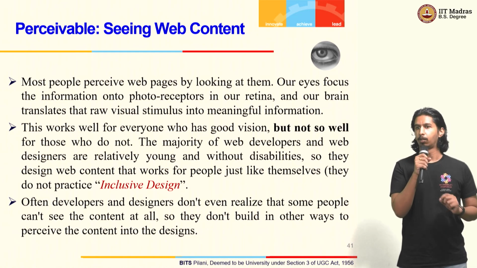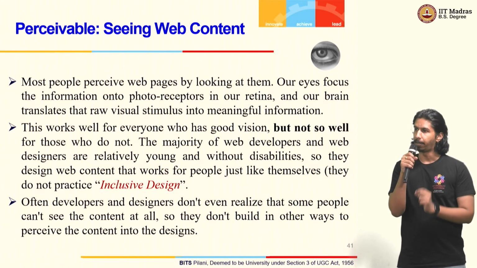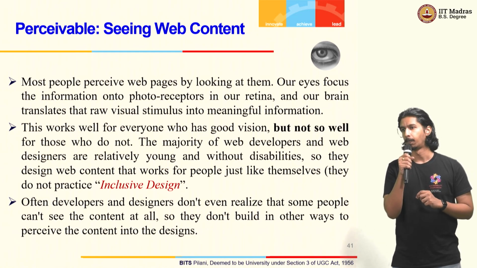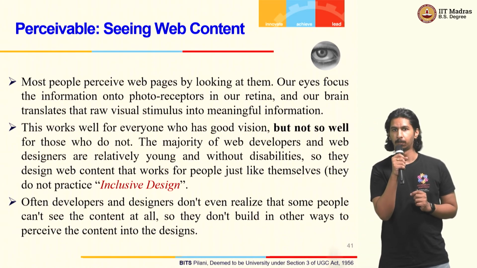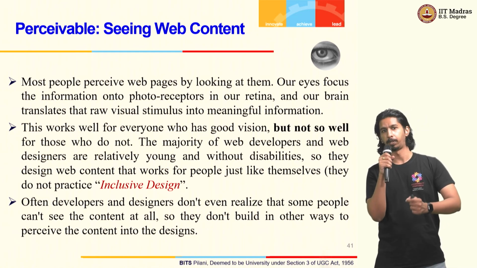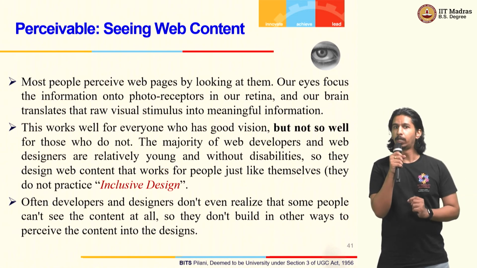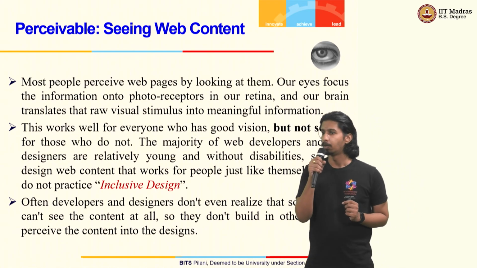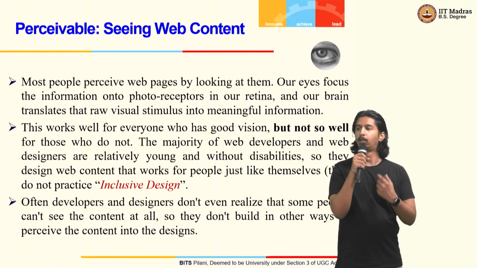In general, why this is happening is a majority of software developers are young in age, and they usually consider that the user of my product will be as good as me or as abled as me, which is the biggest misconception, right? The users of our software could be anyone, from a small kid to a very old person with, say, depleting abilities, or a person with disability, anyone. But usually, we think whatever I'm going to develop is going to be used by people who are like me, right? Which is a big mistake. So that is why there is a concept called inclusive design.